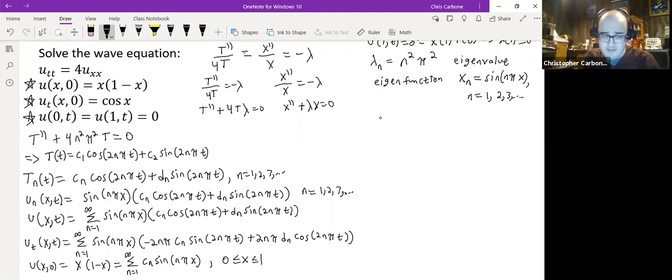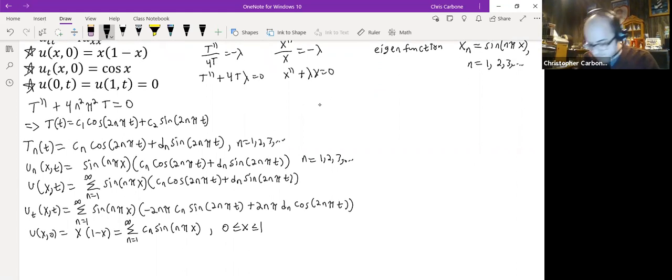Now, based upon that, and I need more room to do this, we could use that partial derivative that we just found. So this would be u sub t of x comma t. Well, I should probably replace that t with a 0, actually. This is going to be equal to cosine of x.